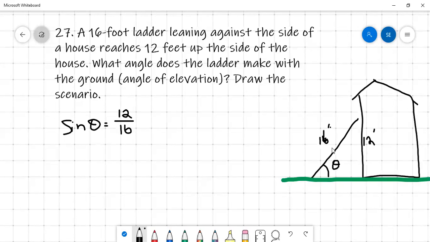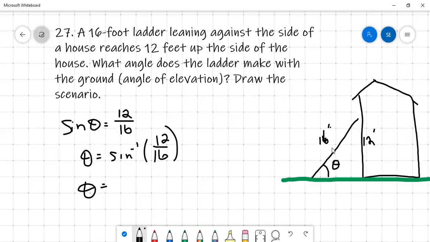Okay, so now to find theta, we just have to do the inverse sine. Theta is equal to the inverse sine of 12 over 16. And we plug that into our calculator to get an answer. And again, make sure that however you report it, that you're in the proper mode.